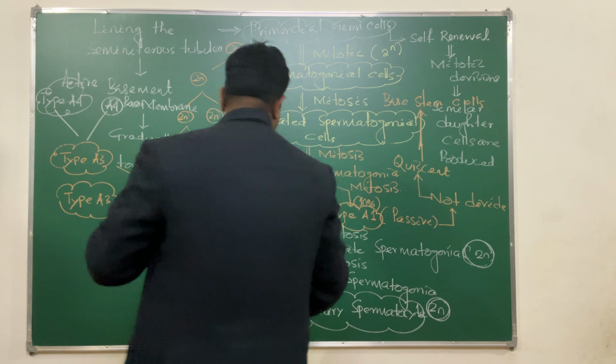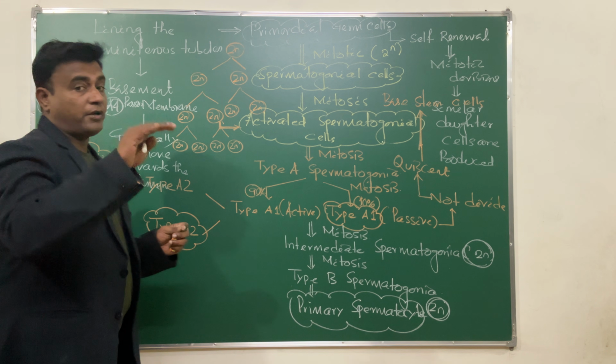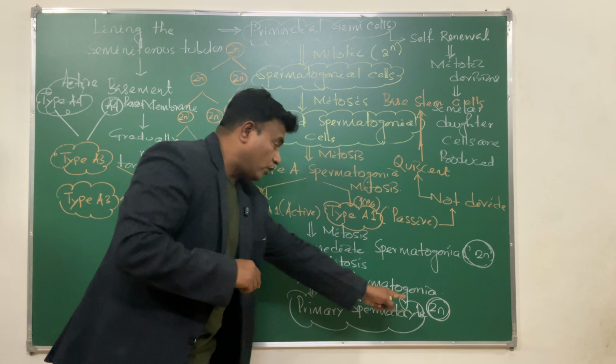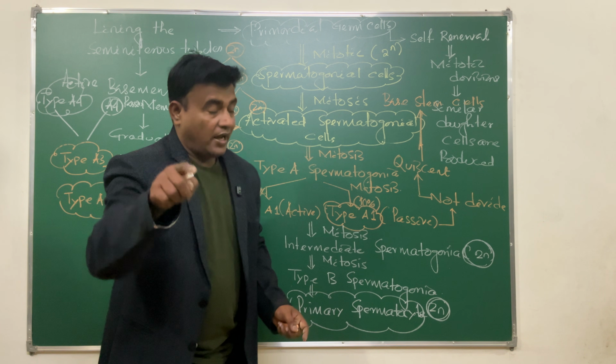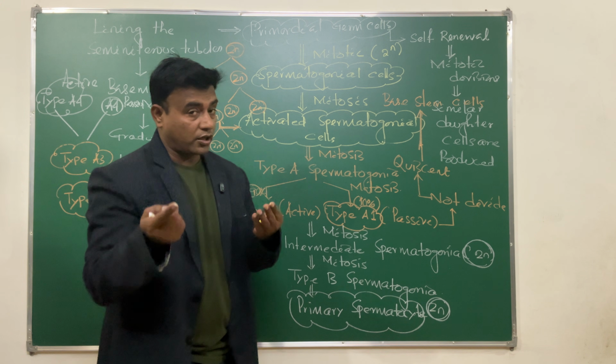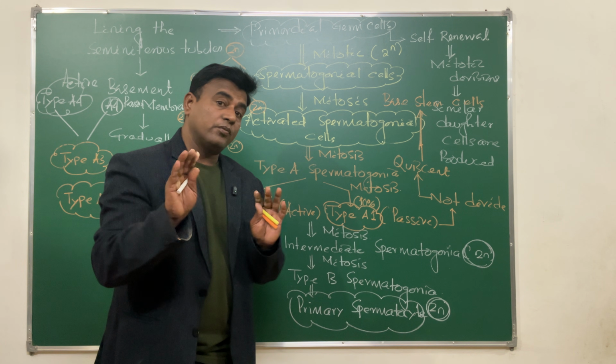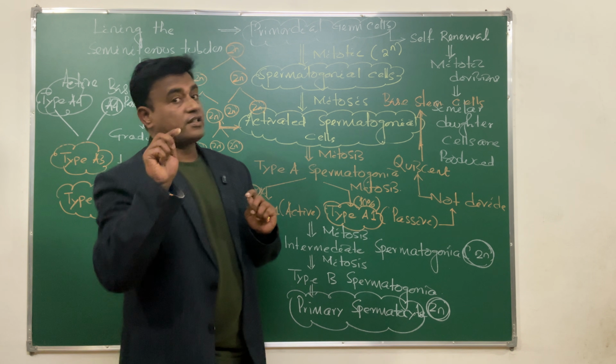So what happens? Meiosis occurs in two phases, meiosis 1 and meiosis 2. The true meiosis is the one where this 2n will be converted to n. And then the mitosis-like division occurs, that is known as meiosis 2, where the cells will again remain with the same number of chromosomes, that is haploid.